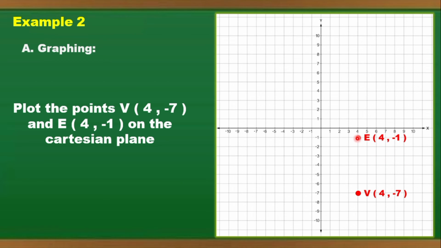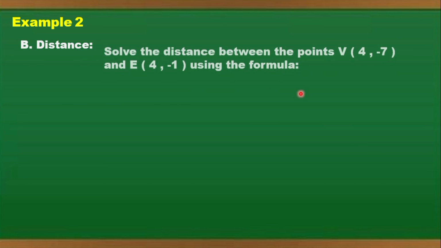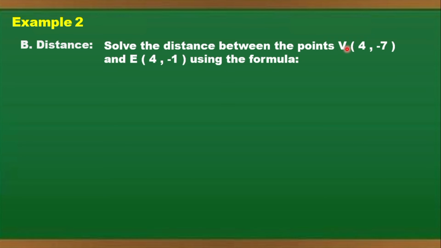And now that we found the points V and E, it's time for us to find its distance. Solve the distance between the points V, open parenthesis 4, negative 7, close parenthesis, and E, open parenthesis positive 4, negative 1, close parenthesis, using the formula d is equal to square root of open parenthesis x sub 2 minus x sub 1 close parenthesis square plus open parenthesis y sub 2 minus y sub 1 close parenthesis square.